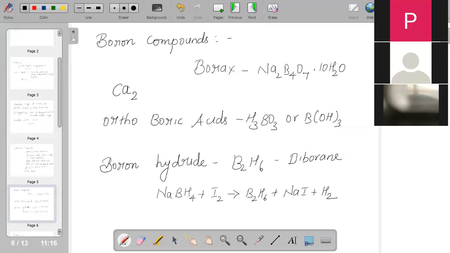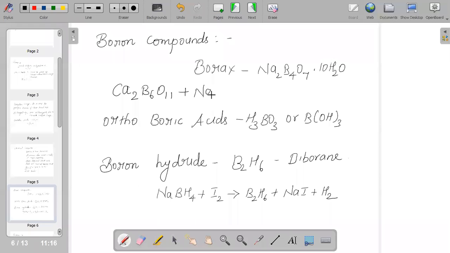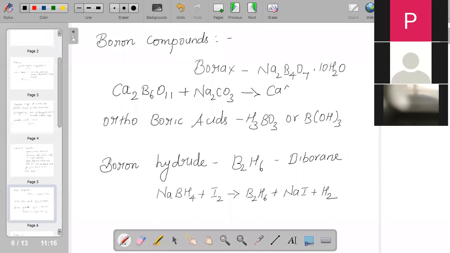That is, Ca2B6O11 plus Na2CO3 will give you CaCO3 plus Na2B4O7 plus NaBO2. So we are getting Na2B4O7.